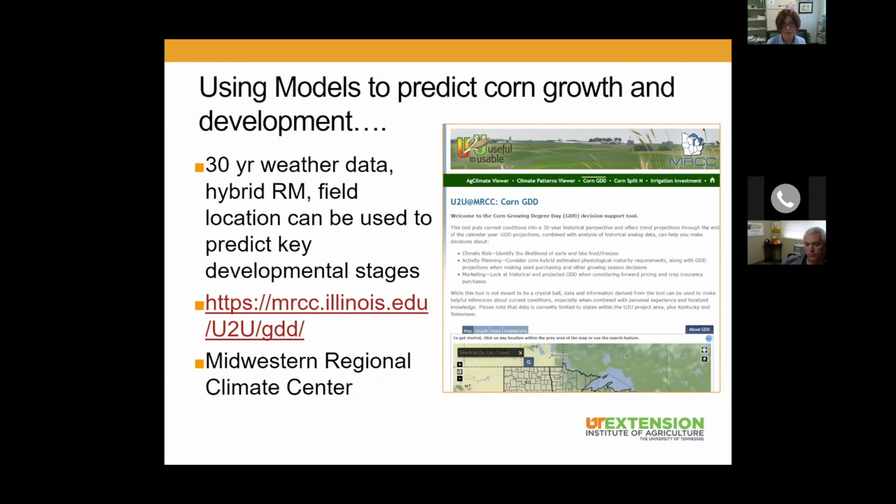I will say that I think some of the models being used now are better than they were a few years ago. I'm just going to show you this one because I think it's a pretty neat one. It's free. The University of Illinois houses this one, but they use long-term weather data. You can plug in the relative maturity of your hybrid and the field location, and it will do some of those predictive things. So it's just a predictive tool, and we hope that my link works.